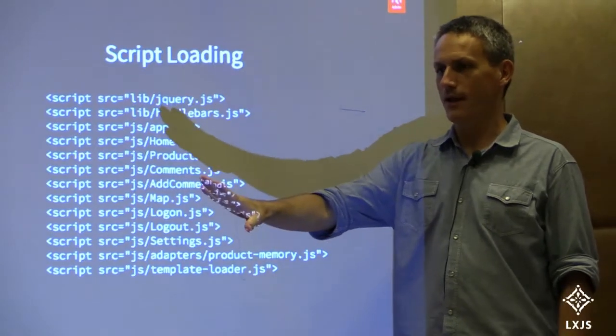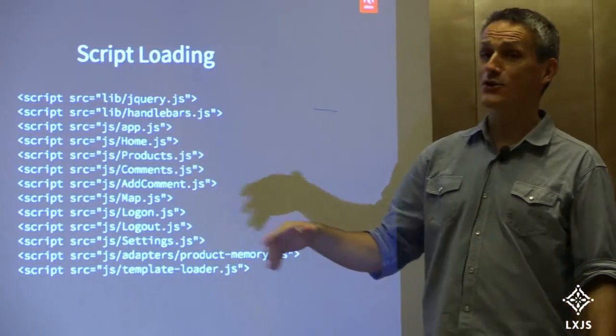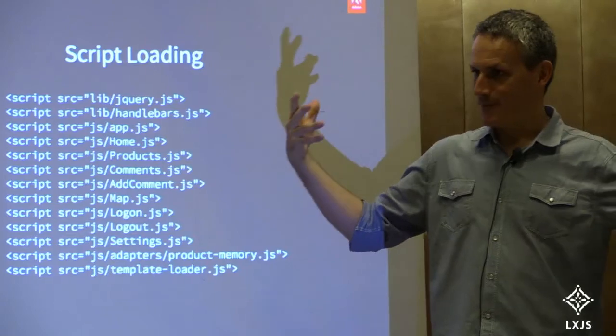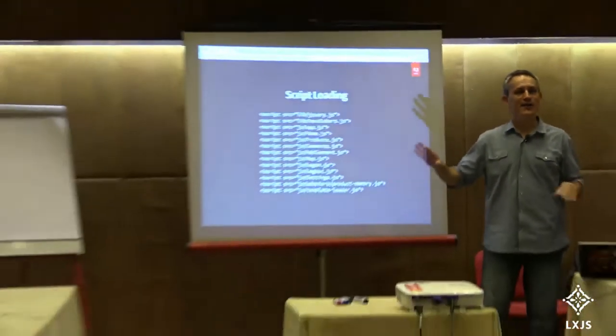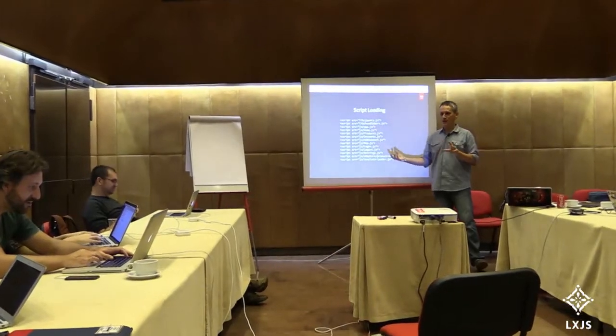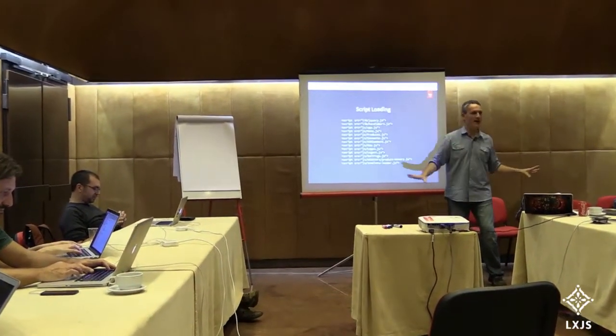And now, before I go any farther, I should mention that there is now a module specification. And I don't know if you know the exact status. Yes. OK, all right. So we hope to see a standardized way of doing modules.